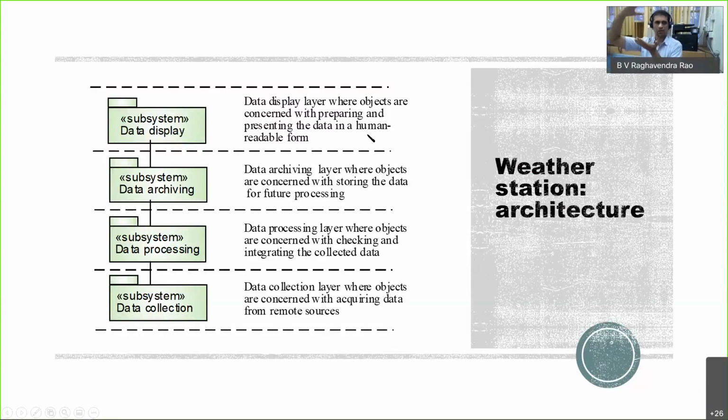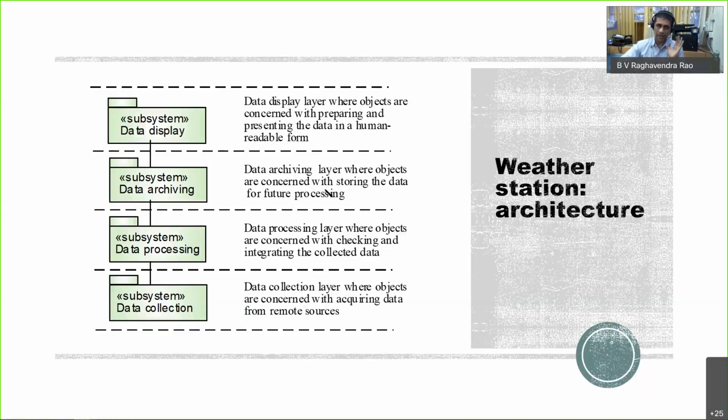So that's basically the user interface, or the display, let's call it. The second part is data archiving, where objects are concerned with storing data for future processing. Basically, your data structure or database.